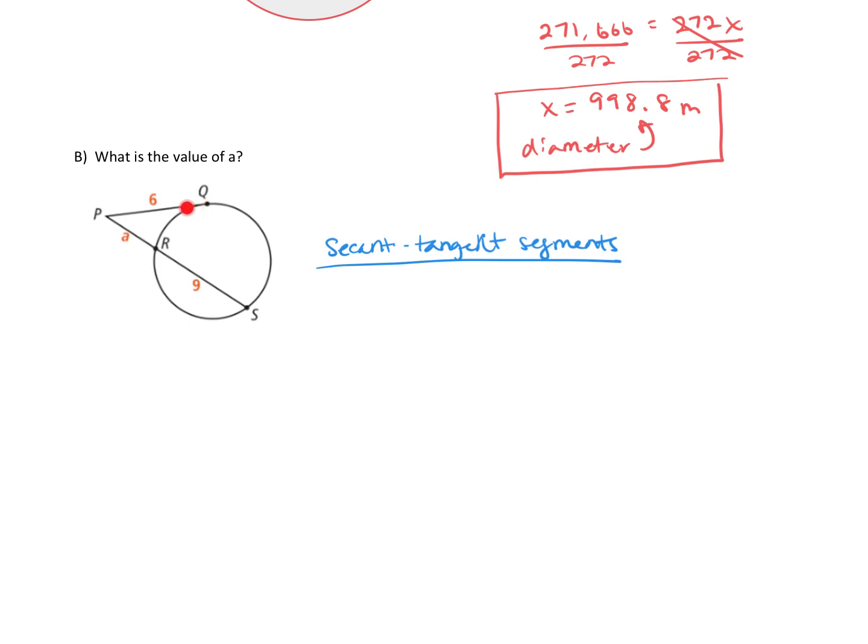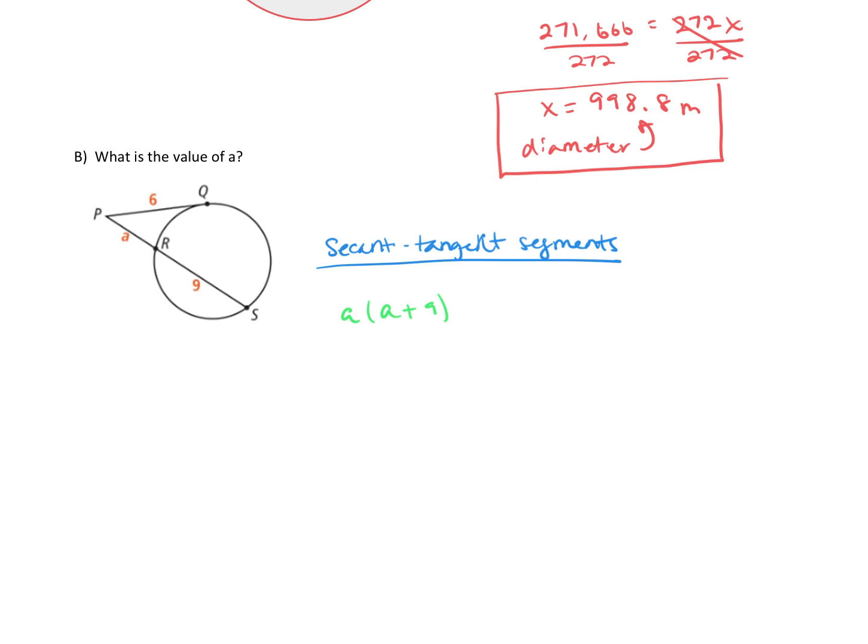Here's the secant and the tangent meet at point P. So we're going to take the product of P to the circle, A, times the whole secant, A plus 9, is equal to P to the circle, 6, times P to the circle again.